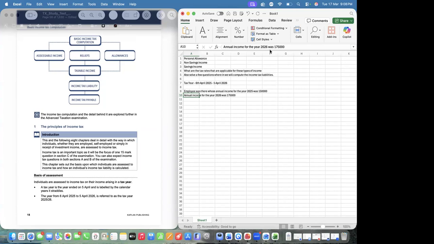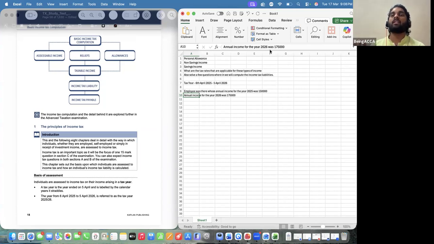So the tax year is falling in between these two figures. Exactly right. Because the tax year is falling in between both the years, you should prorate it. Whenever they say for the year or financial year 2025, it's always from 1st Jan to 31st December, which means here we should be taking the income only from 1st April to 31st December, correct? Because you can ignore the 5 days gap that exists.